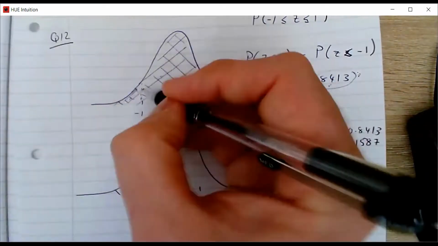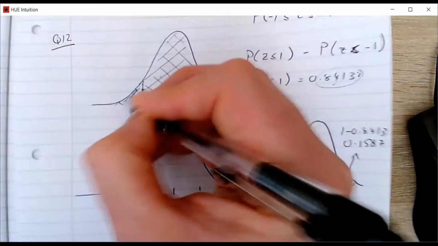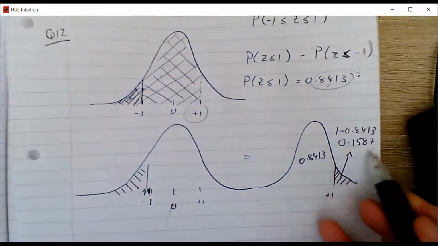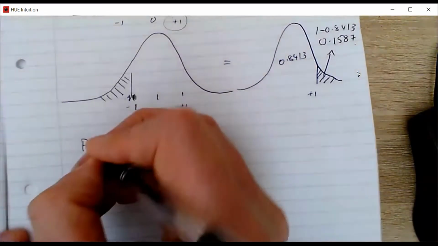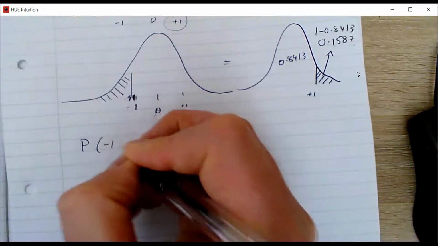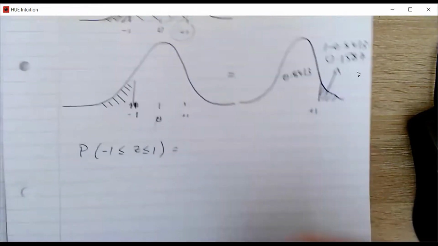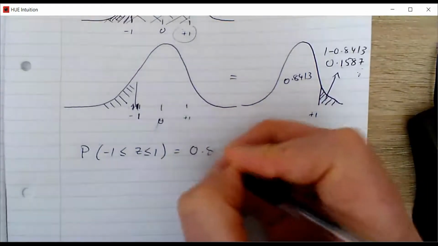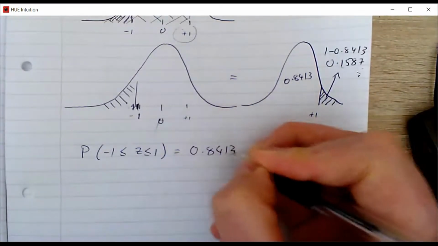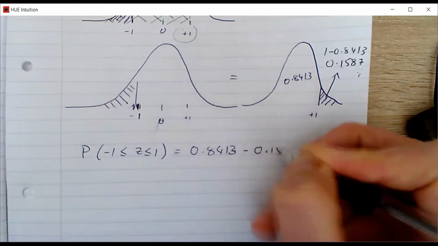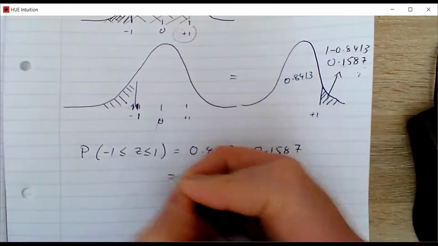Okay, and what you need to do now is you say, well, the bit I'm interested in is 0.8413, this total area, minus this area here, which I've just worked out, is 0.1587. So the proportion of values that lie between -1 and 1 is 0.8413, take away 0.1587.